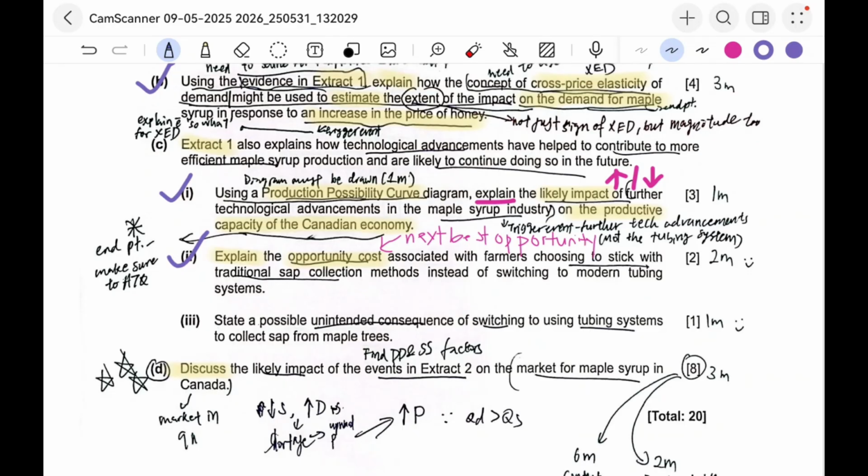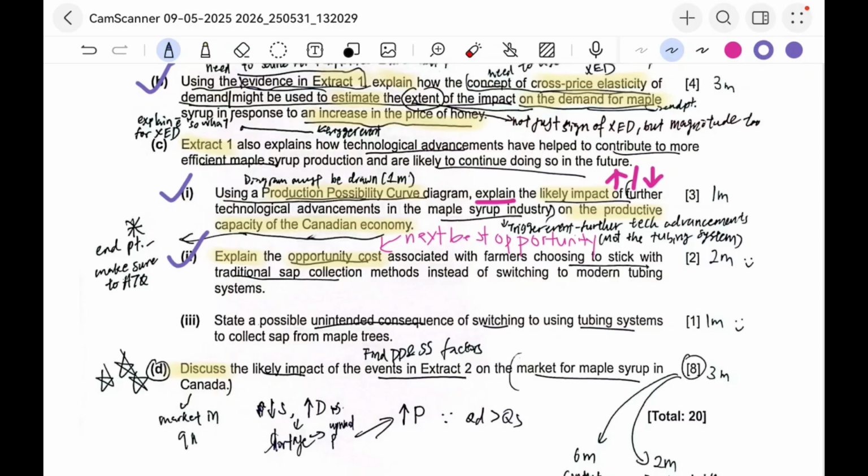So they say state a possible unintended consequence of switching to using a tubing system to collect sap from maple trees. This is interesting, because in extract 1, we didn't see a bad thing. Usually for most of the time they talk about the good stuff, but the bad part is not explicit. But when you look at the end of extract 1, remember we highlighted the point that talks about it.